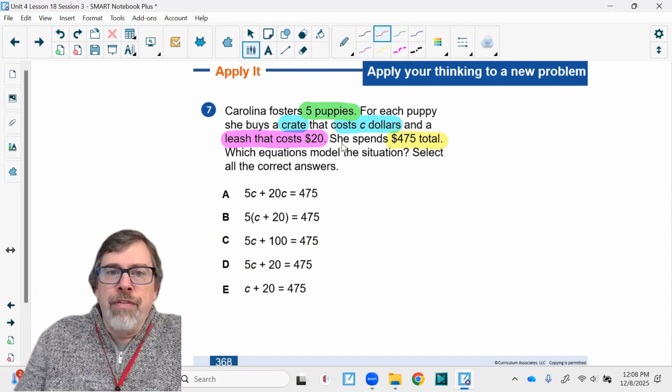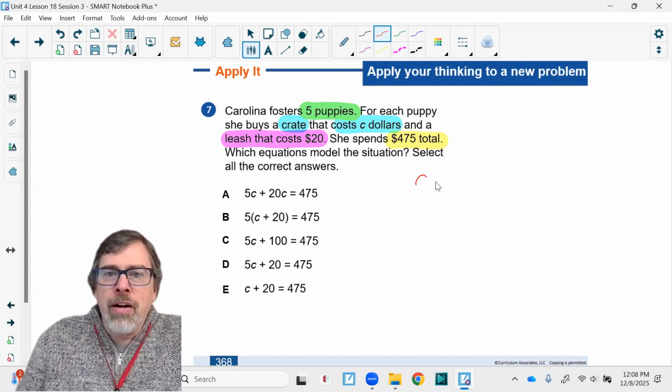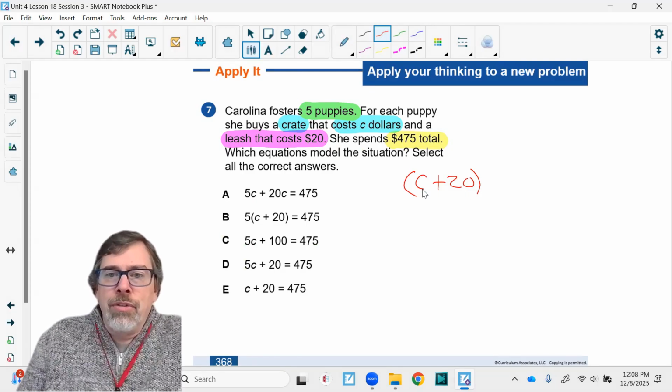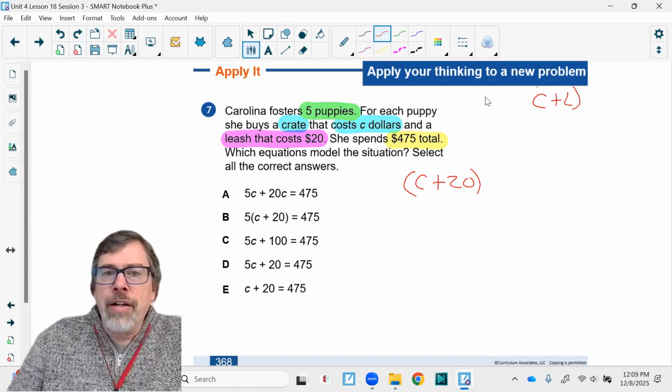So if every dog is going to get a crate and a collar, I can do this. Every puppy's going to get a crate and a $20 collar. We know the collar's 20, or a leash, I'm sorry. Crate and a leash. We don't know the price of the crate. We know the leash is $20, so we can put it in here. In actuality, I could write C plus L for every dog, and there are 5 puppies, and I spent $475.